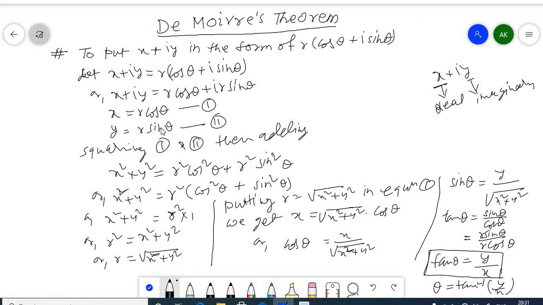From equation 2, r sin theta means y, and r cos theta means x. So tan theta is equal to y by x, and if we find the value of theta from this equation, then theta will be tan inverse y by x.